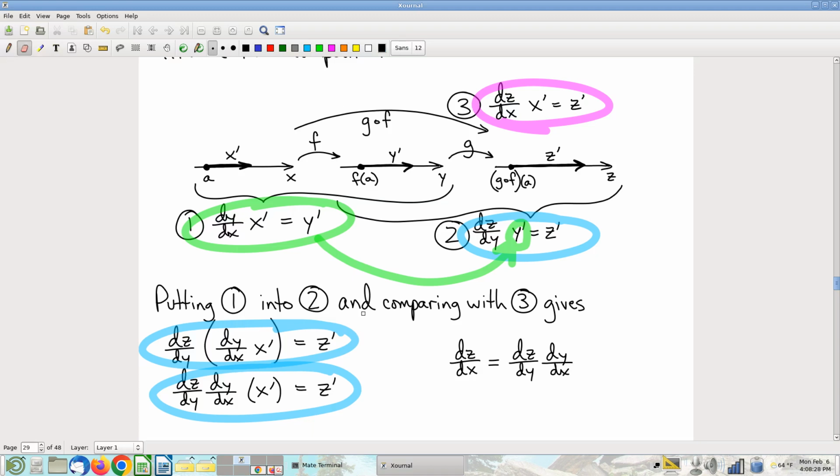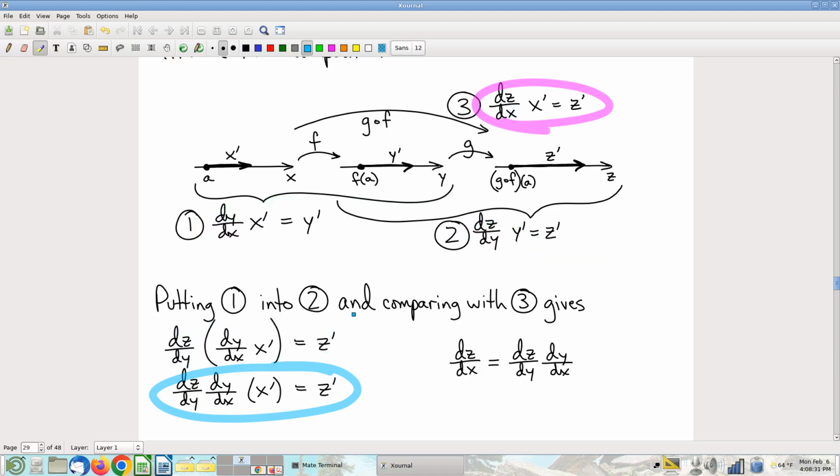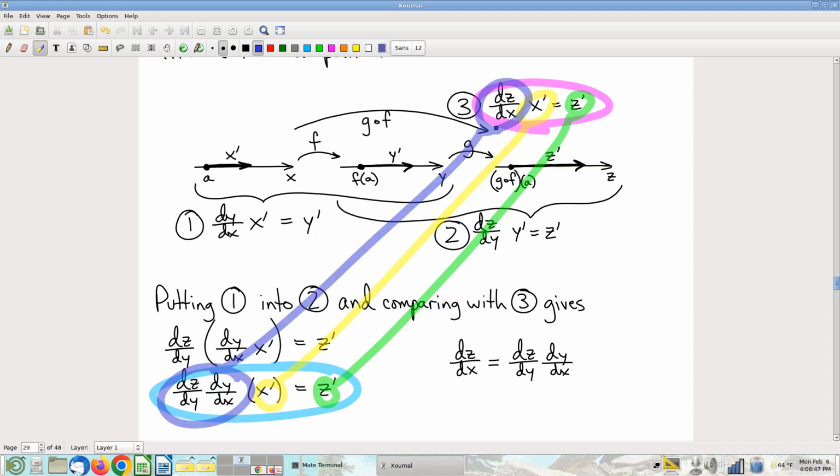And having done that, now let me compare these 2 equations. And notice, in both cases, we've got z prime being something multiplied by x prime. So these 2 somethings must be equal. So that and that must be equal.